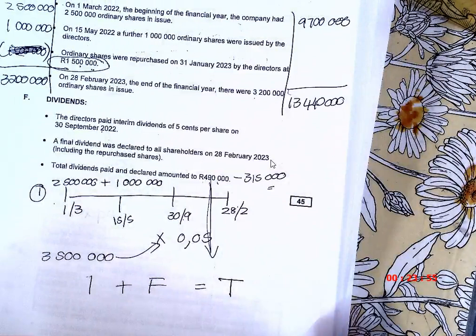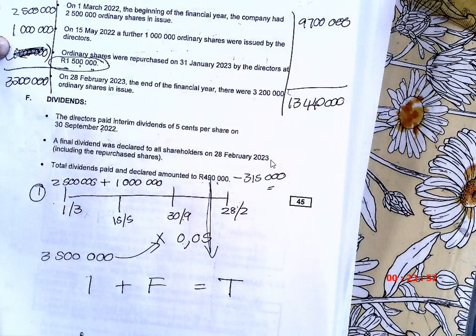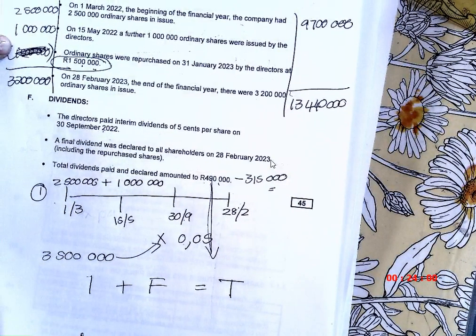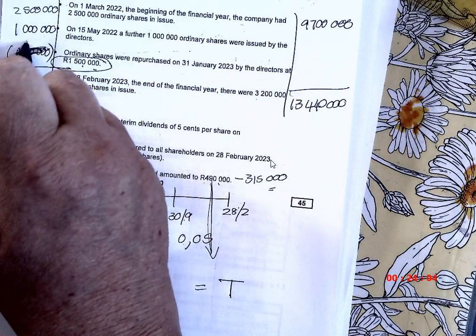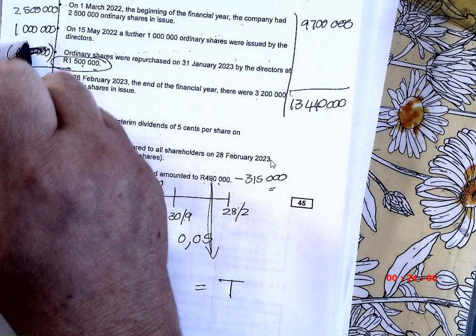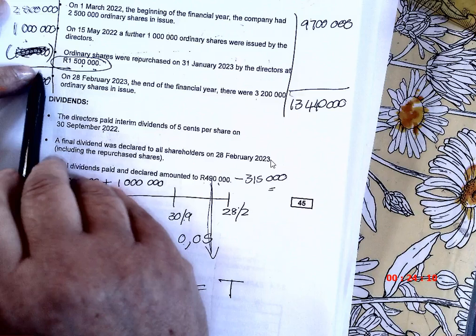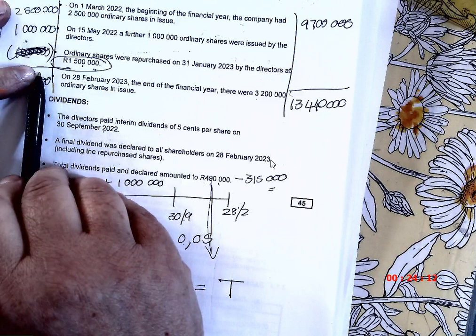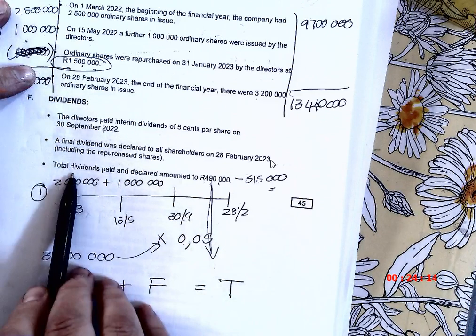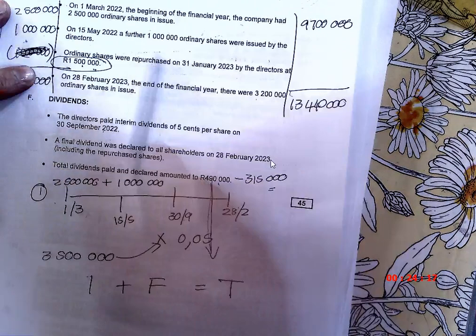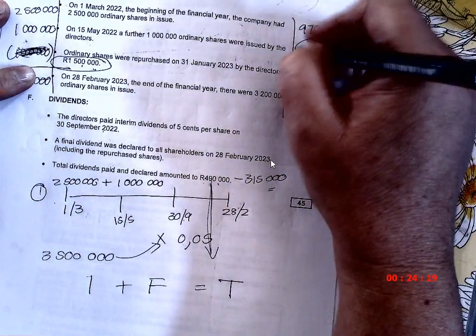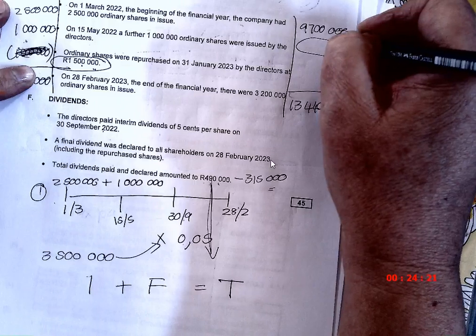Now what can I do? I can calculate the amount of shares that was repurchased by reversing. Okay, you guys with me? Once I can do that, I can calculate, because in the end I'm going to balance on that 1 million there. You guys fine?